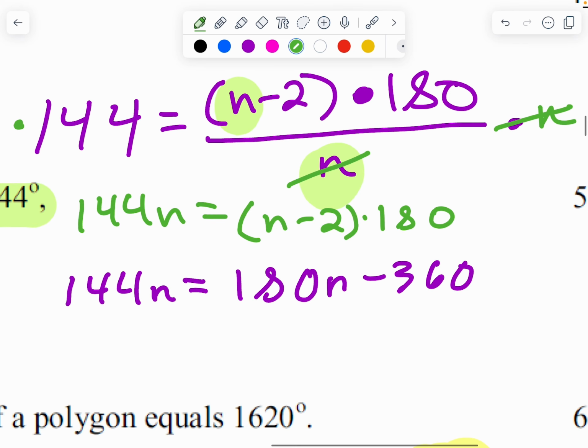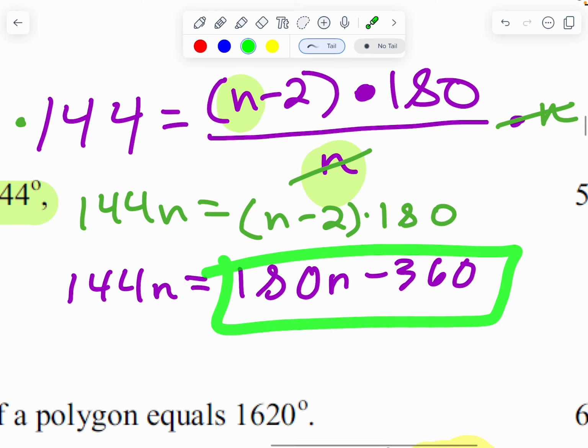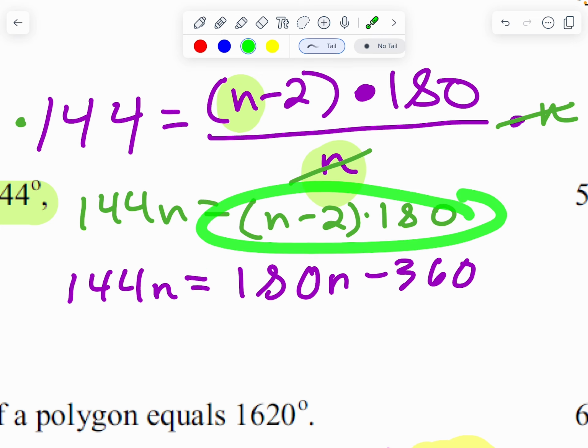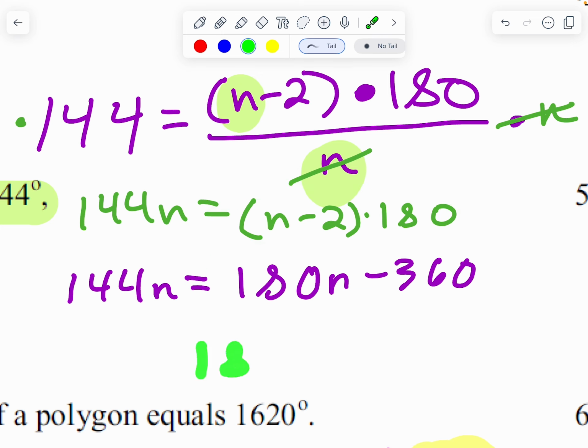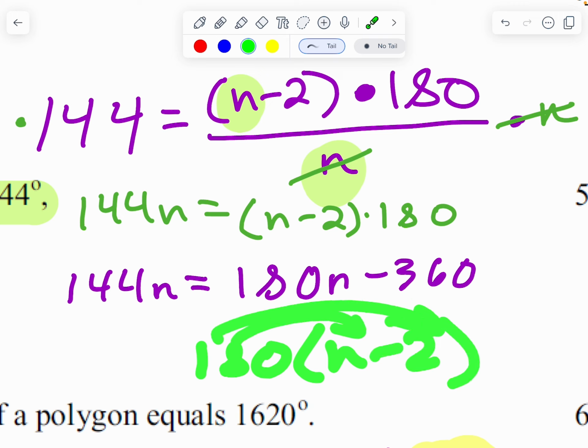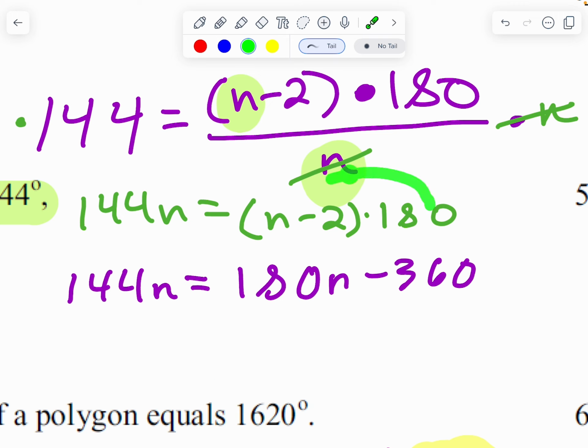Now, how did I get this bottom part from that? Well, this is the exact same thing as if I had 180 times n minus 2, which we know when we see something like this, we can distribute. So I just distributed from the right side instead of the left side. So 180 times n is 180n. 180 times negative 2 is negative 360.